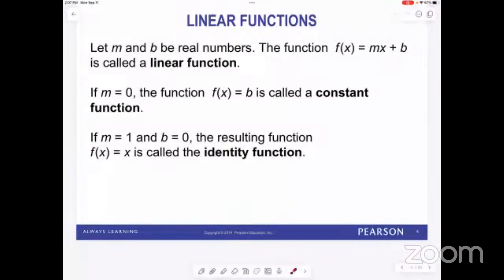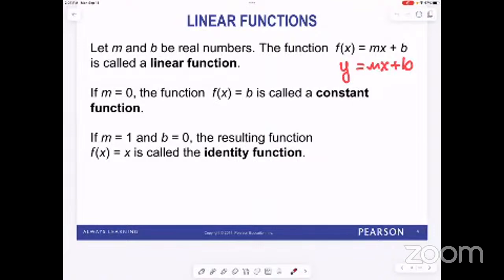The function f of x equals mx plus b is called a linear function. You may have seen that before as y equals mx plus b. It's the same thing. If m is 0, the function f of x equals b is called a constant function. If m is 1 and b is 0, the resulting function f of x equals x is called identity.